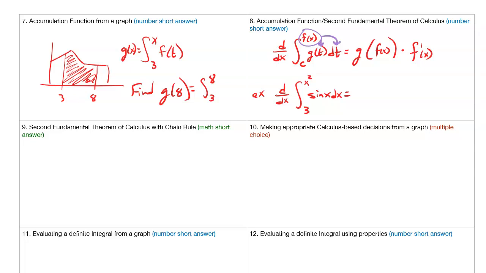So you would take whatever function is on top, in this case x squared, and put it in place of that variable, usually a t. So this answer would be sine of x squared times 2x. So that's the second fundamental theorem of calc.